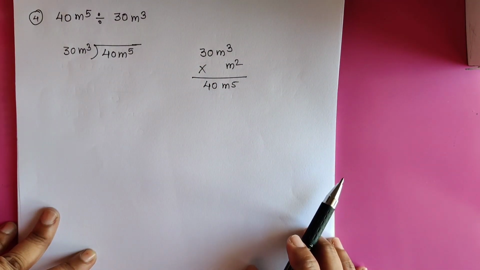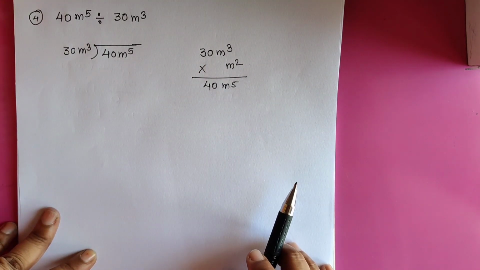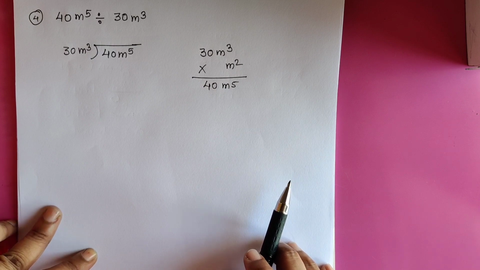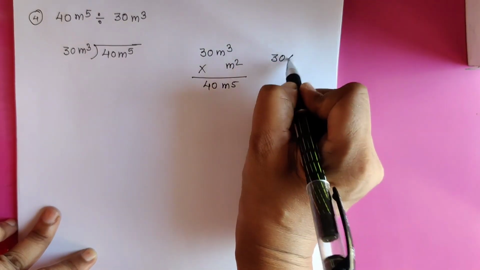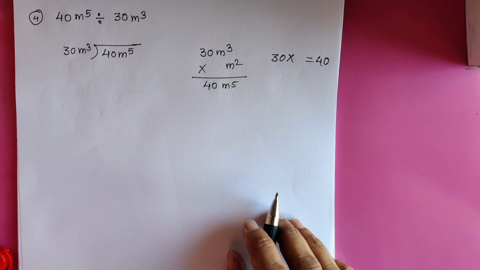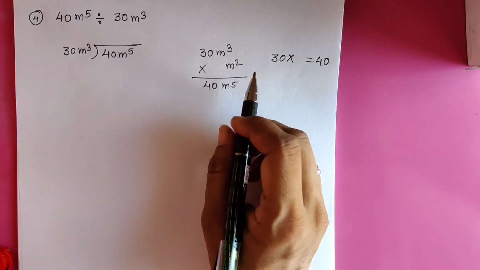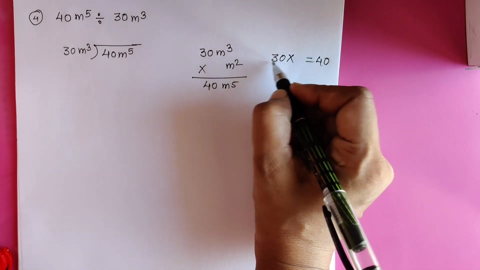We should get 40. That we have to think, because 40 is not there in the table of 30. That means once again we have to find a fraction by which if you multiply 30, answer should be 40. So 30 multiplied by which fraction? Answer should be 40. That we have to find out. So we all know 10 fours are 40. That means we require 10 here in place of 30.